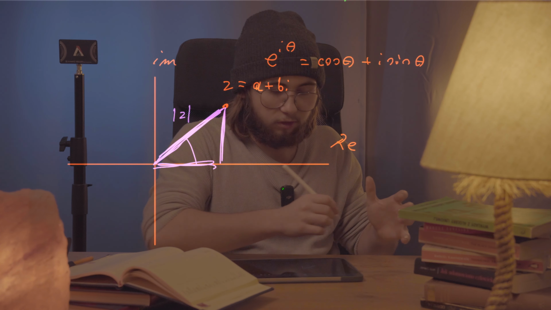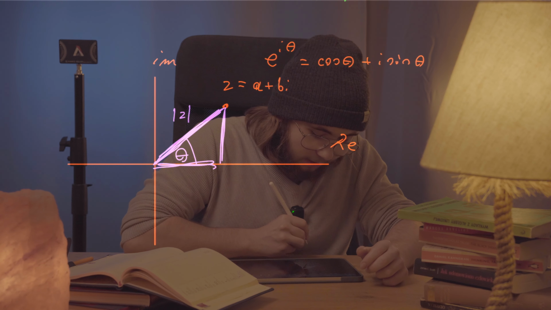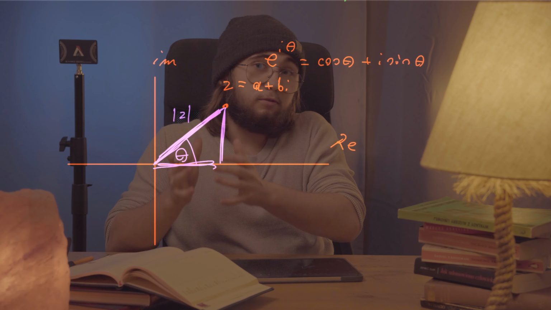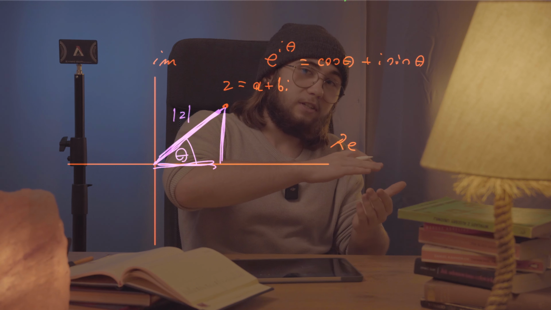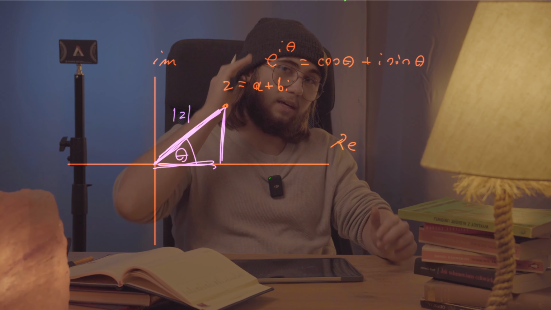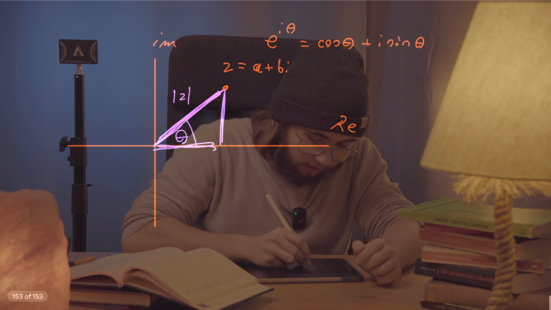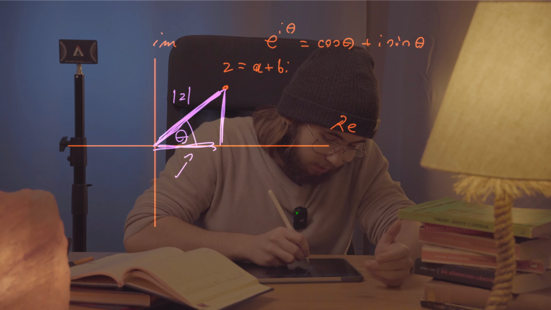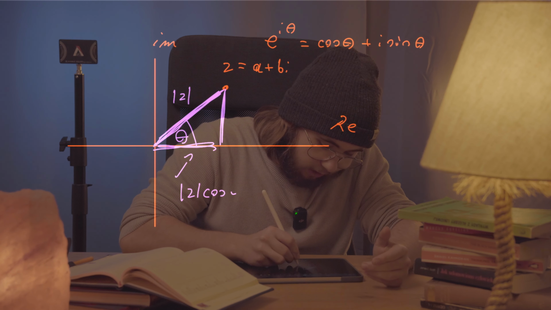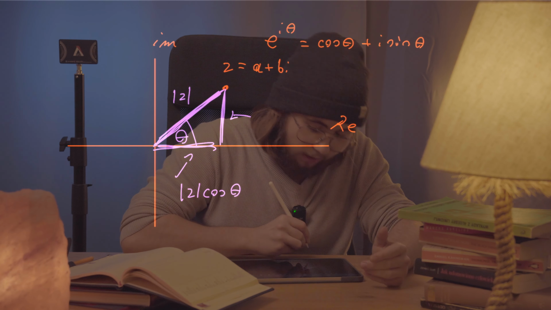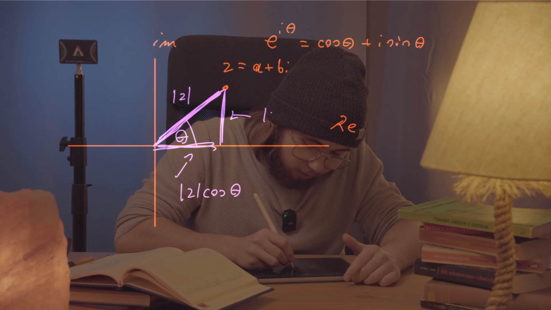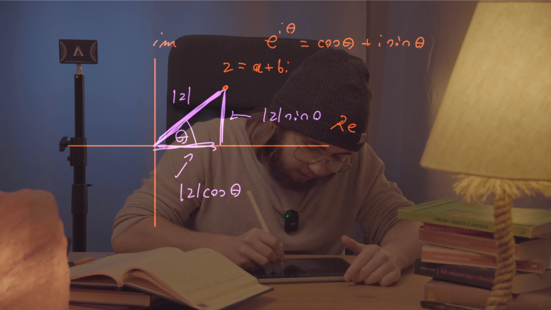I can evaluate those two lengths using this absolute value of z, so using this length from the origin to z, and also the angle theta, which is the angle formed by the real axis and the line segment that connects my origin to the point z. So we see that the length of this line segment here is just gonna be the absolute value of z cosine of theta, and the length of this segment there is just gonna be the absolute value of z sine theta.